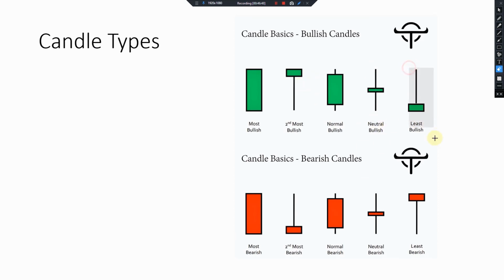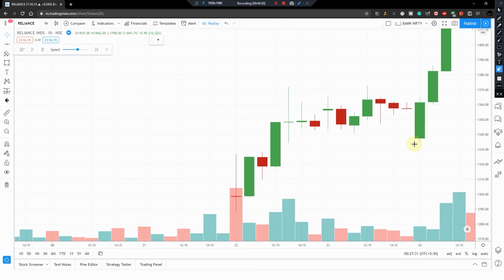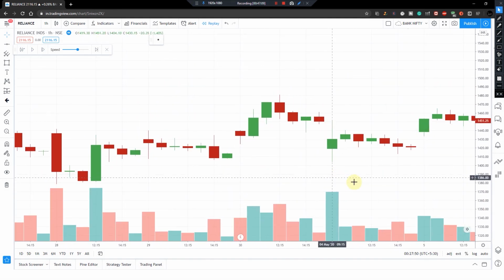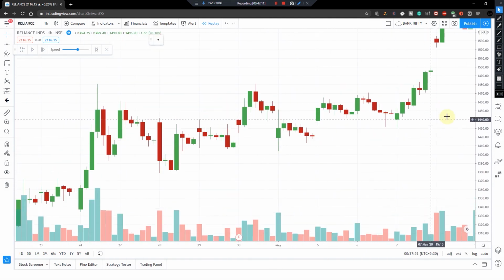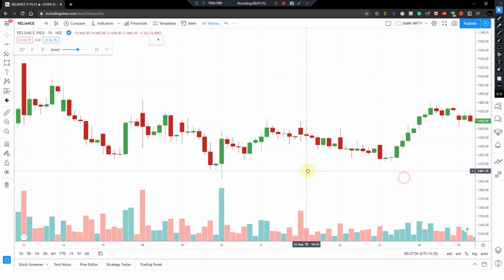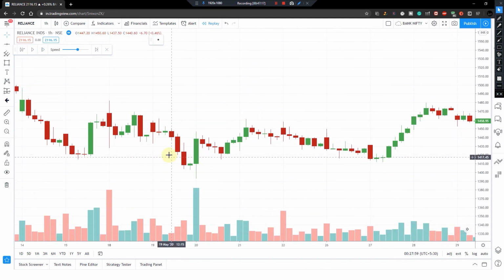Now next, least bullish. Even if it is red color, it doesn't matter, because its meaning itself is least bullish. Let me see, there's a green one.